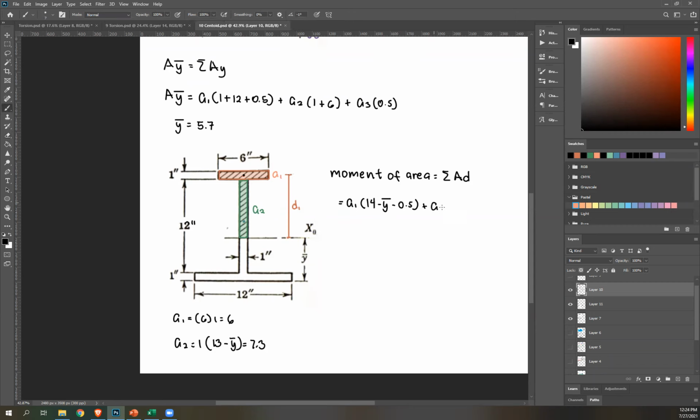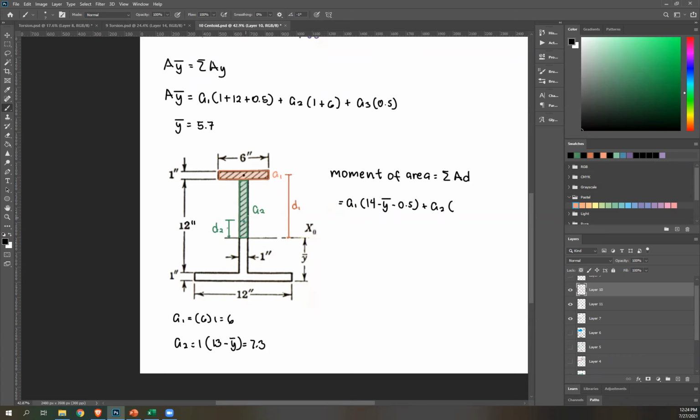Next, let's move on to area 2. So plus area 2. And for area 2, this is your distance from your centroidal axis, so D2. Once again, how do we get that?